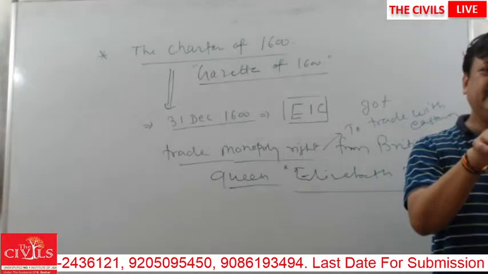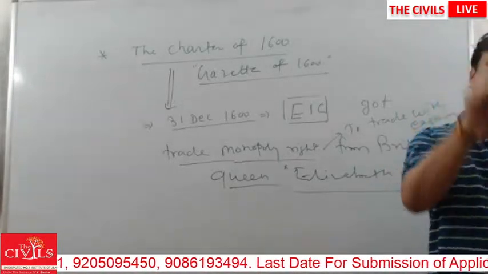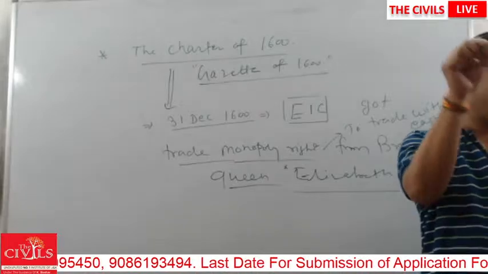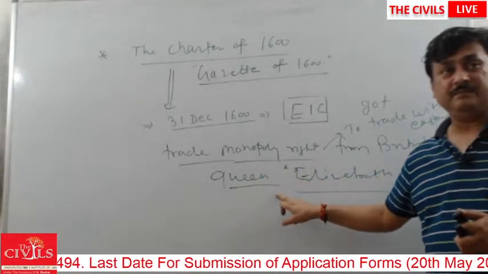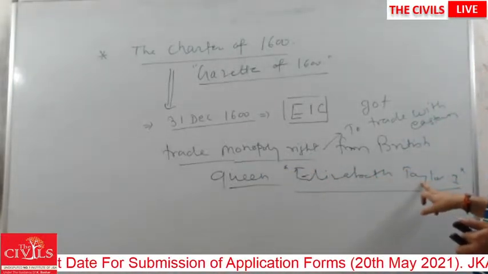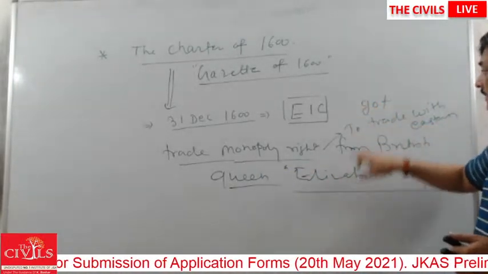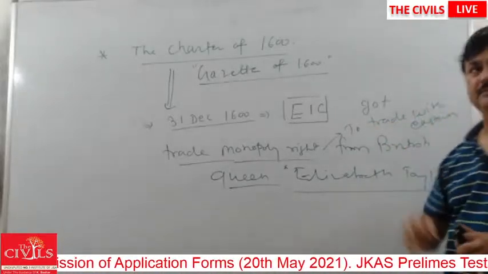By this charter, trade monopoly rights were given by the Crown, Queen Elizabeth, to the East India Company to trade with the Eastern world.